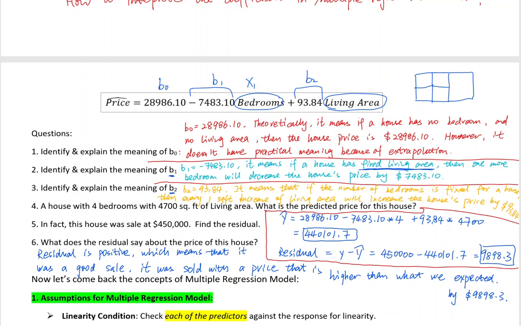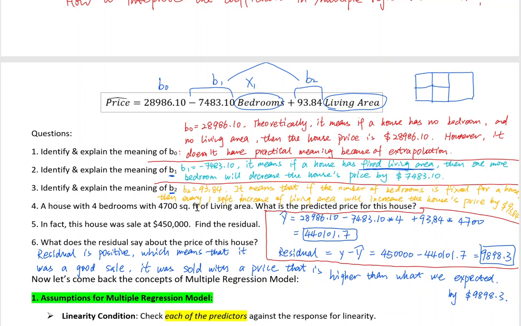So for both of these 2 coefficients, you need to take care of the other ones, right? Okay, and then the next question, based on this equation, a house with 4 bedrooms with 4,700 square feet of living area, what is the predicted price for this house?